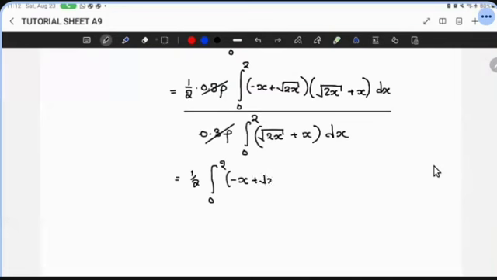I can change the way I look at this second part and actually view it as root of 2x first minus x. And then this is also root of 2x, but now it is plus x.